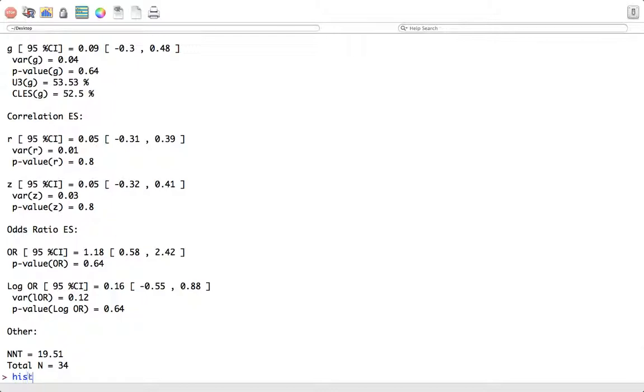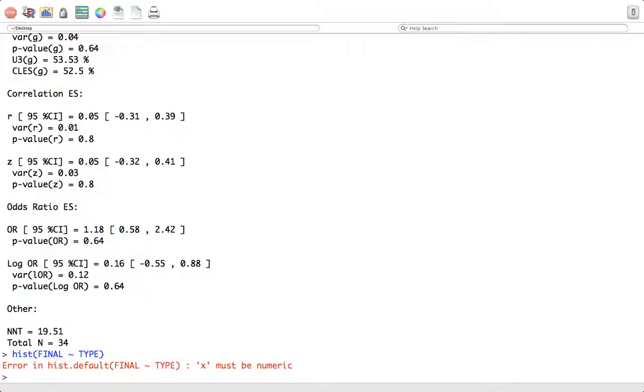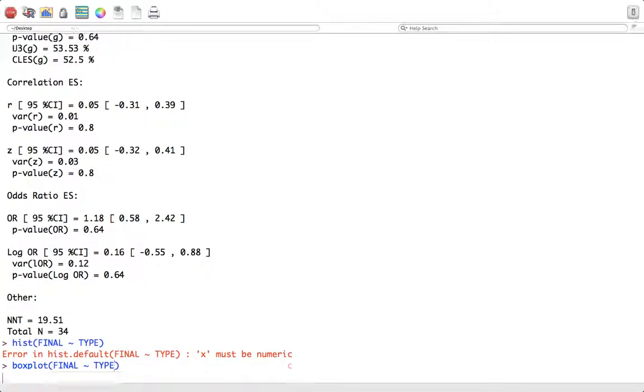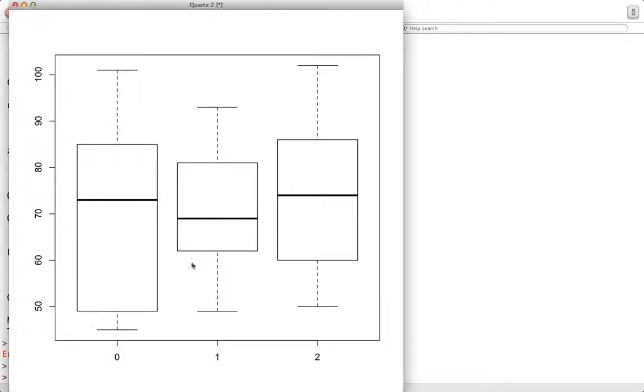So I would have done this. I would have done a histogram of final across type. Oh, Doug, come on. I would have done a box plot across type. And then I would have copy and pasted this and inserted it into the appendix.